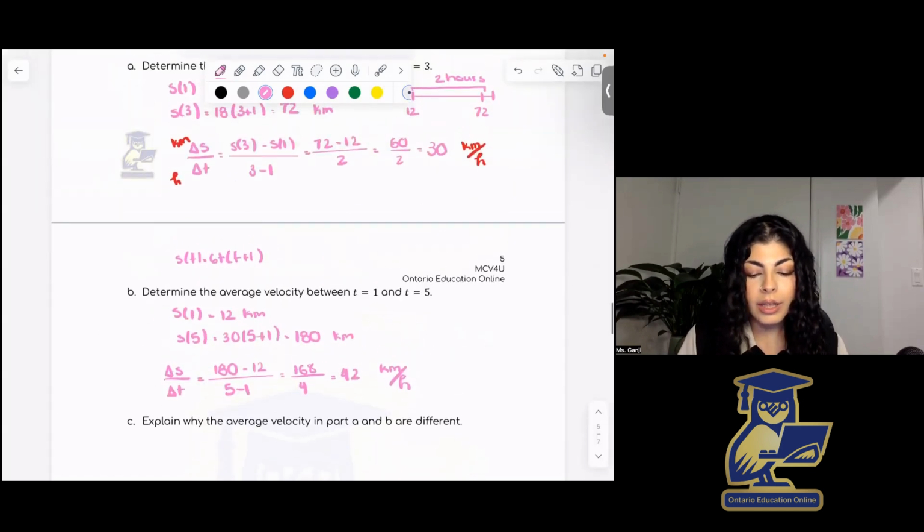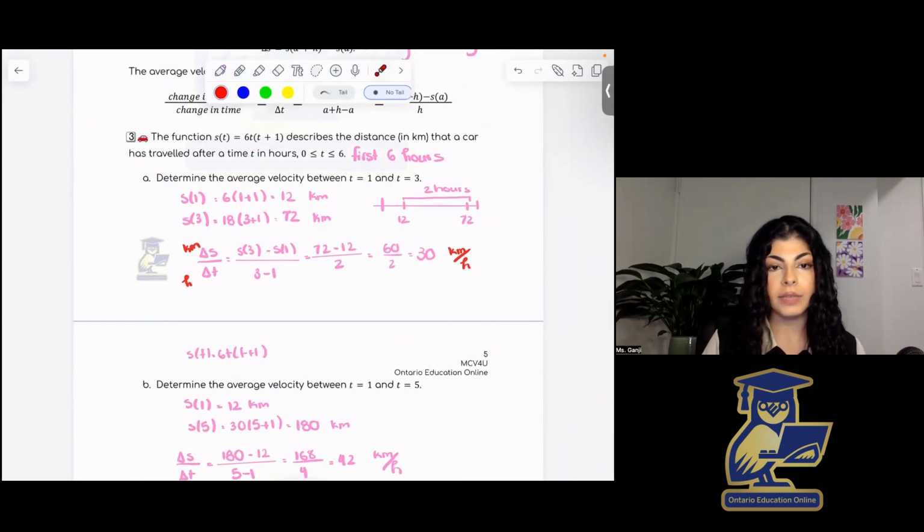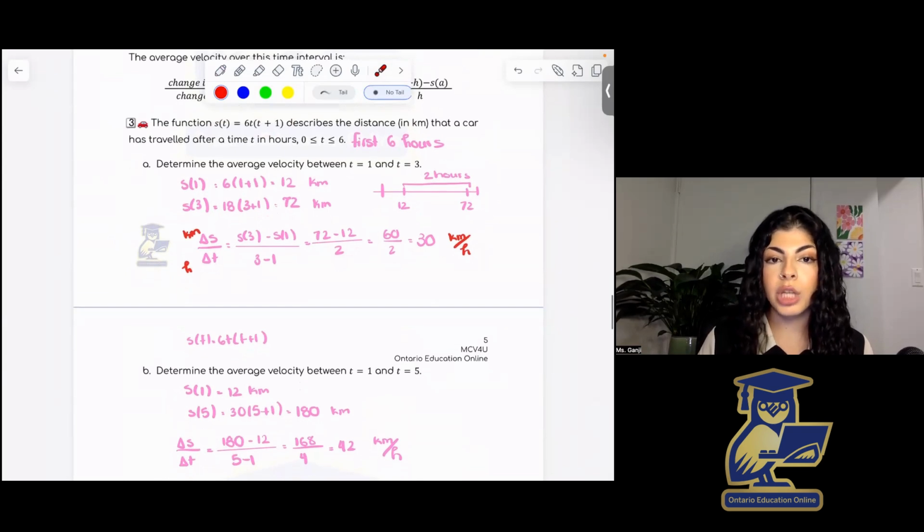So consider that the position was given to us by the function s of t, which is actually a quadratic function. So that means the rate of change of the position is not consistent over time. And think of a real example as well. The car may be speeding up at times or slowing down at times.